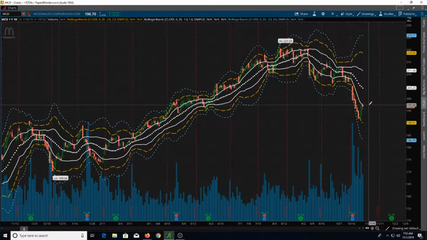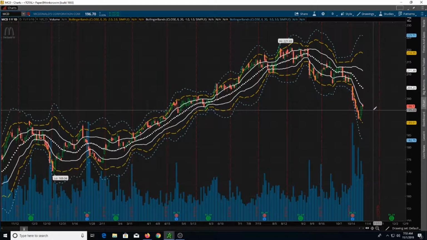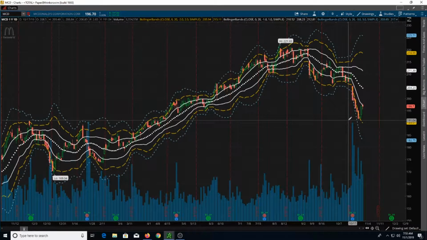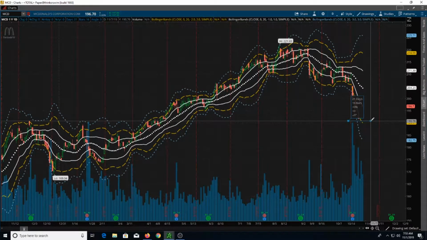The second issue I have is, if I want to go long, if I think that the stock's going to continue back up or sideways, where is my stop? For whatever trade I decide to place, where do I determine that I messed this up? Really, the best place to put it is right here.